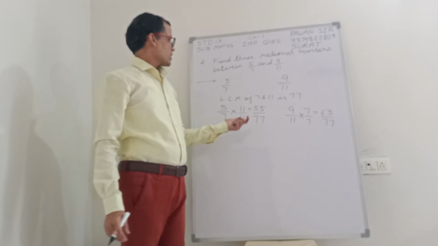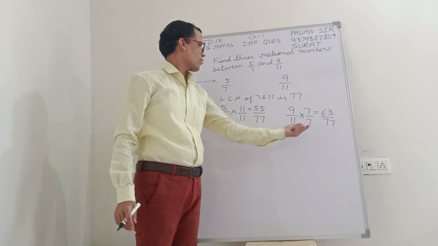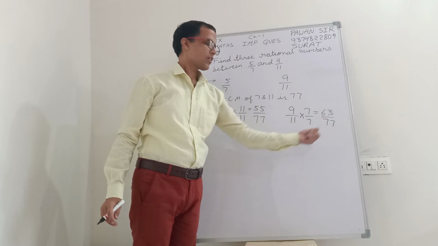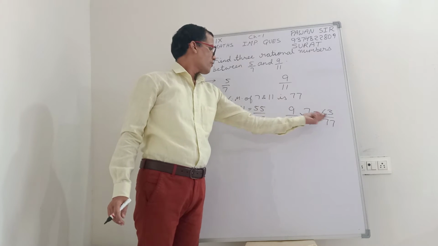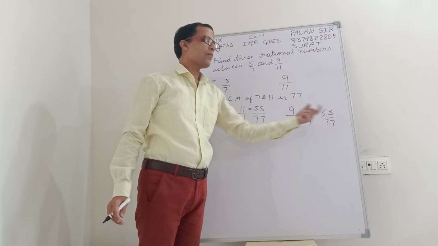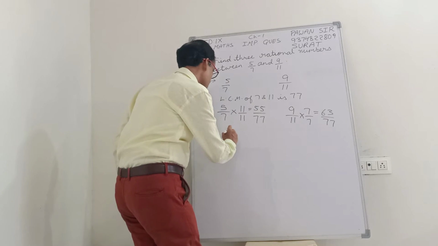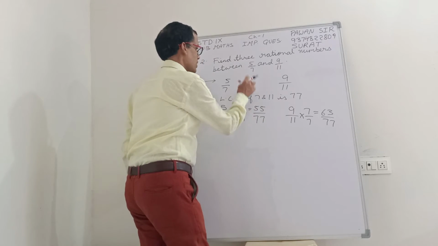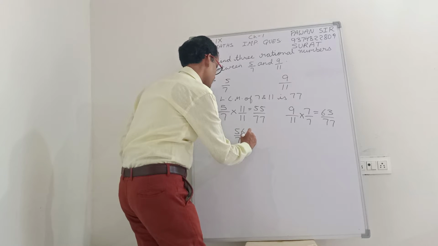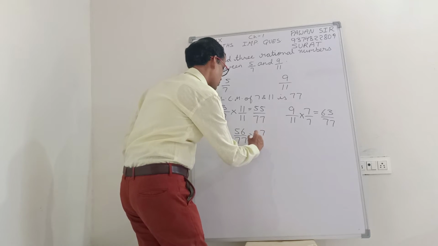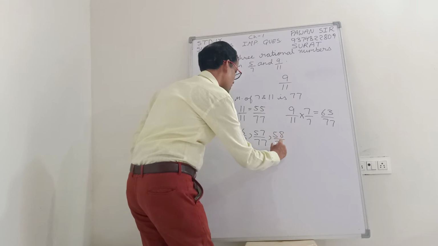So it means we have to find 3 rational numbers between 55 by 77 and 63 by 77. There are so many numbers between them, but you have to write any 3. So the three numbers are 56 by 77, 57 by 77 and 58 by 77.